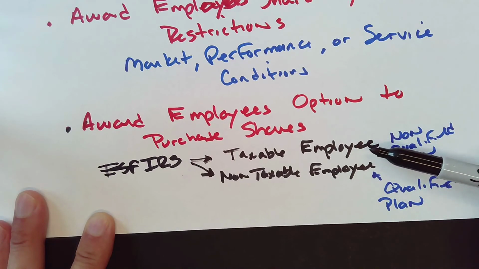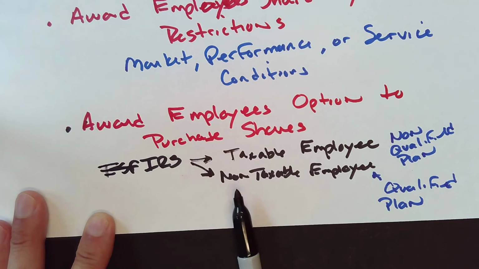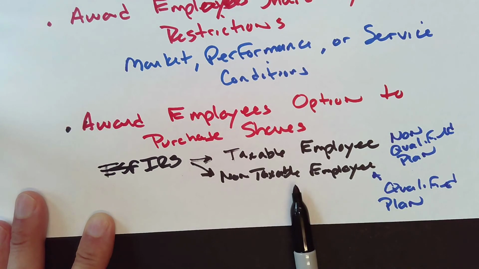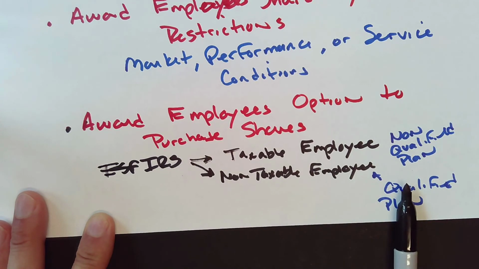And then the accounting is different. Because if we're dealing with a non-taxable or qualified plan, then the expense, when we go back to accounting for income taxes, the expense of a qualified plan becomes a permanent difference in our rate and our taxable rate reconciliation.